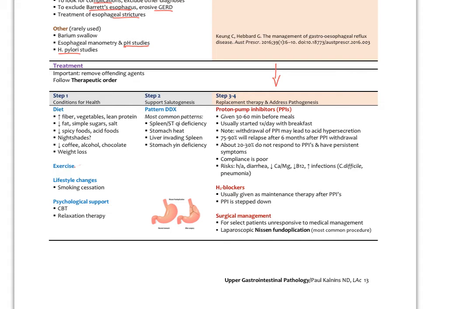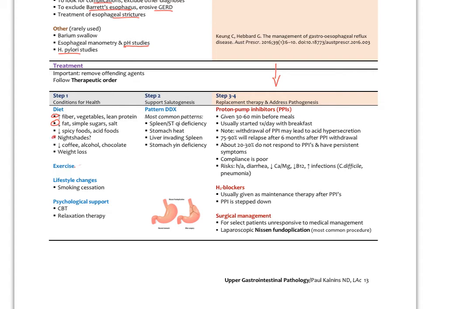But then, if we don't have those red flags and we think this is a case of GERD that's been happening for maybe less than a year, maybe younger patients, and so forth, we can target the level 1, level 2 therapies here. So diet, increasing fiber, vegetables, lean proteins, decreasing fat, simple sugars, salt, decreasing spicy and acid foods.